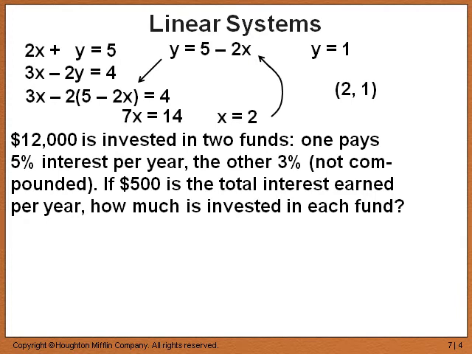Here's a word problem that can be solved by substitution. $12,000 is invested in two funds. One pays 5% interest per year, the other 3%, not compounded. If $500 is the total interest earned per year, how much is invested in each fund?